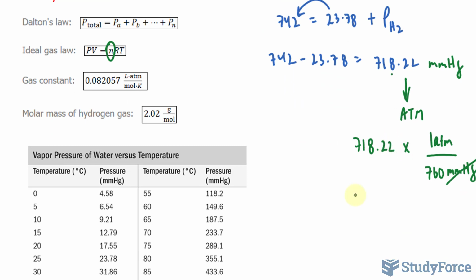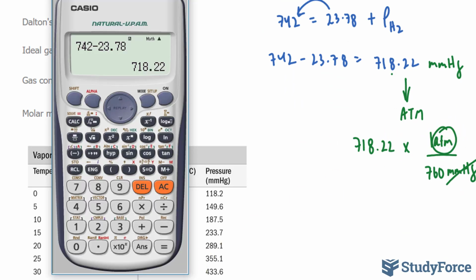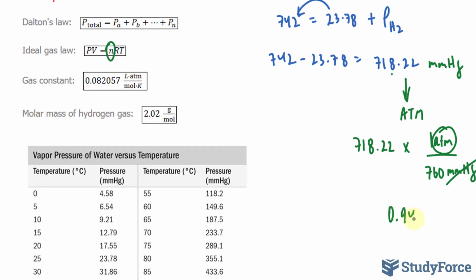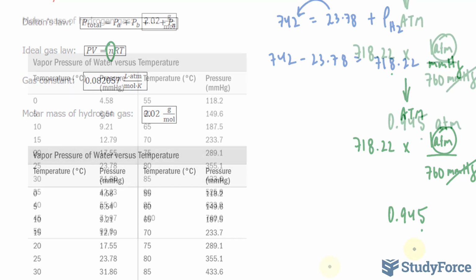This unit and the unit here would cancel out, leaving you with only atmospheres. Using my calculator, the number that I have on my screen divided by 760 gives me 0.945, where this number right here is the last remaining significant figure.